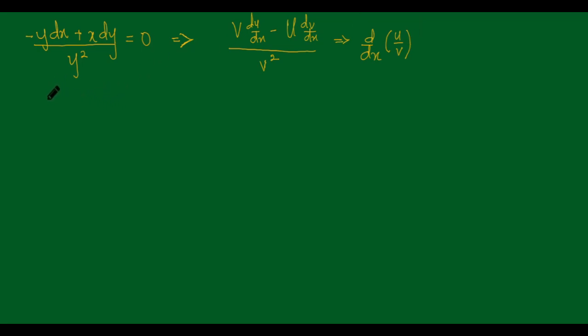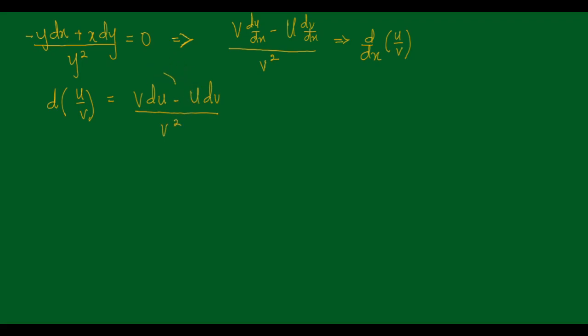So in the same vein, we can rewrite this as d of u over v to be equal to v du minus u dv divided by v squared.